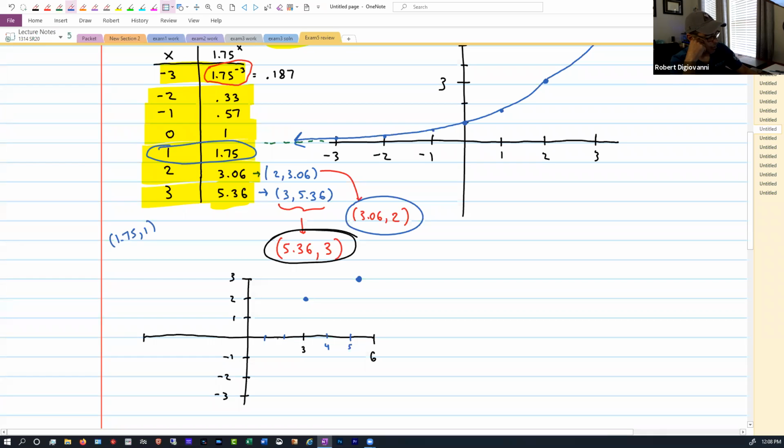So I go to the right 1.75, I go up 1. This point flipped around is 1, 0. So that means go to the right 1, but then don't go anywhere. Just stay on the x-axis. And then I keep doing that for these remaining ones. 0.57, -1. So I move to the right 0.57 and down 1. And then 0.33, down 2. And what you wind up getting is like a vertical asymptote.